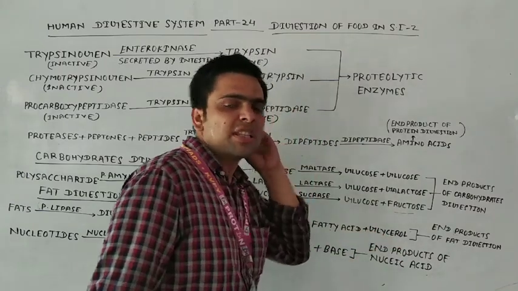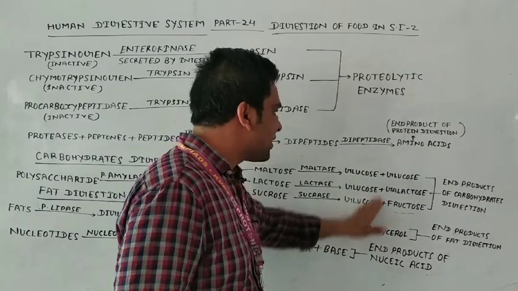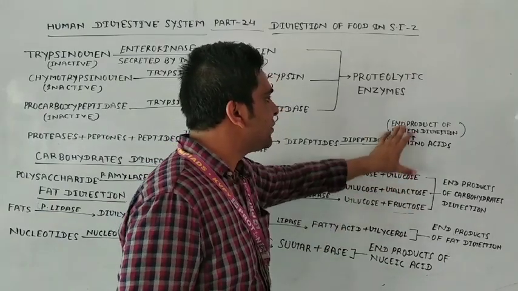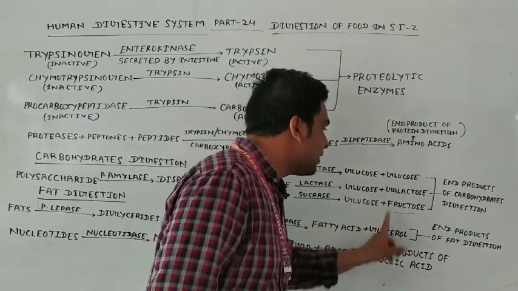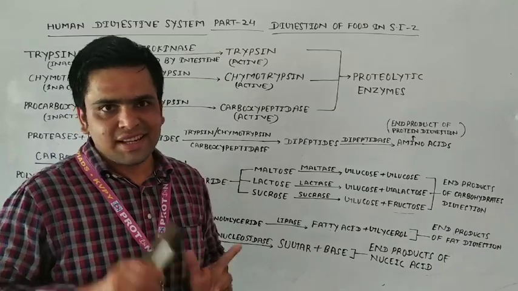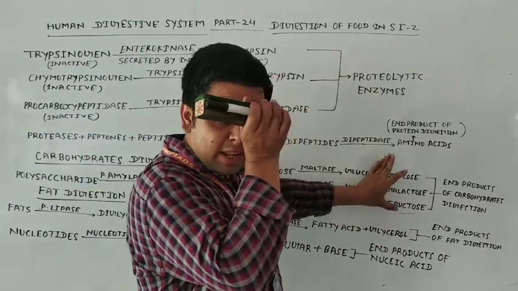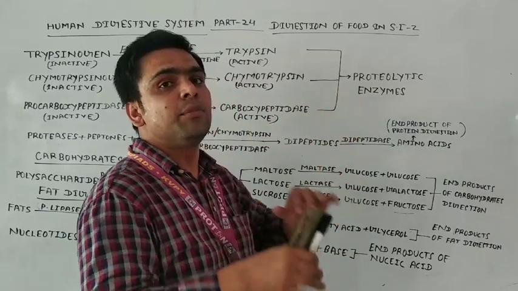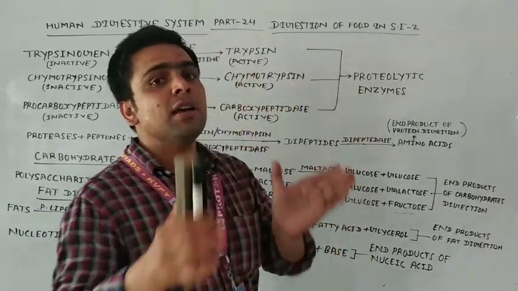And you must remember, students, as we have discussed the end products of carbohydrates and the end products of protein digestion, fatty acid and glycerol are the end products of our fat digestion. Clear, students? These are the major nutrients which get digested, meaning large molecules of these major nutrients are converted into their end products.